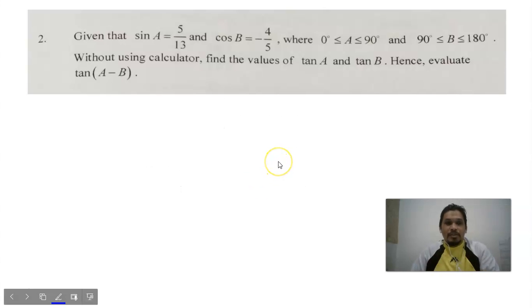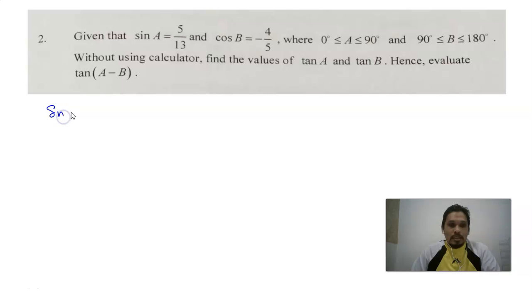Okay, so I chose the first one, question number 2. Given that sine A equal to 5/13 and cos B equal to -4/5, it is stated that the angle of A lies between 0 up to 90 degrees and B between 90 to 180 degrees.